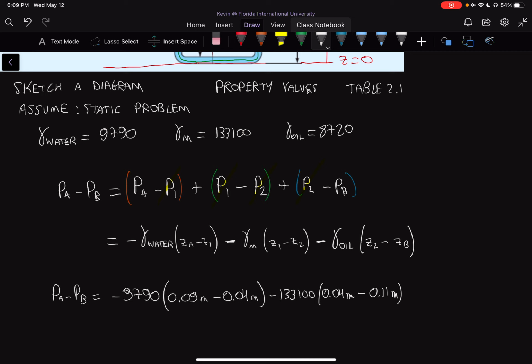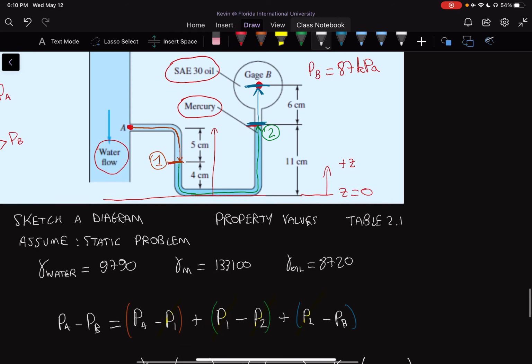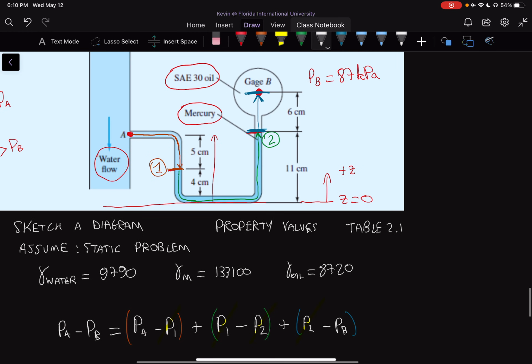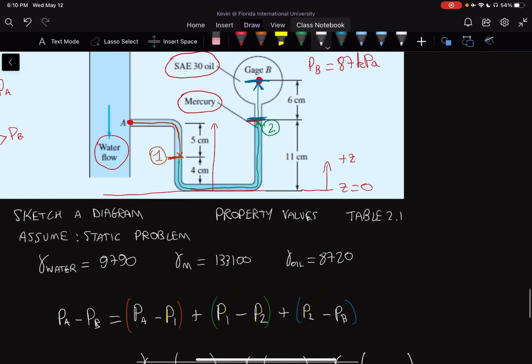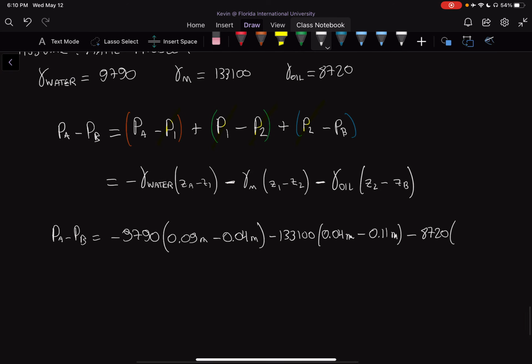And finally, our last system is the oil, which is 8720 multiplied by, so it's 2 minus B, so it's 0.11 minus 0.17.